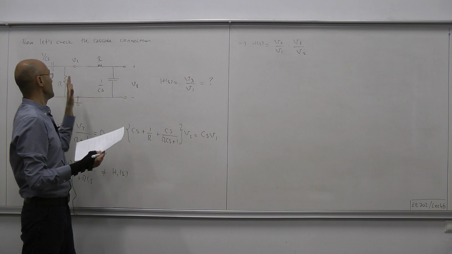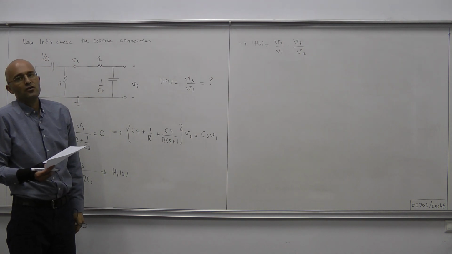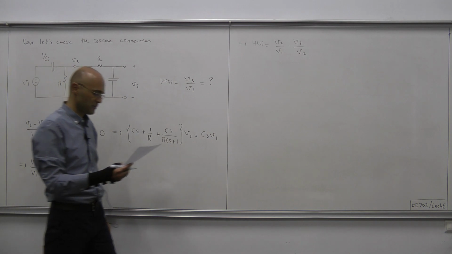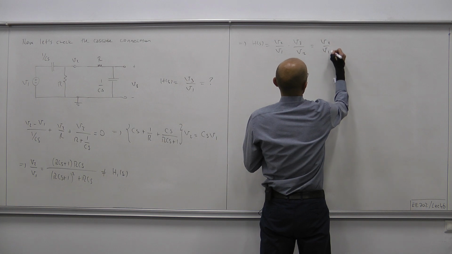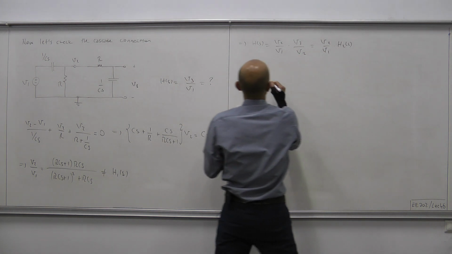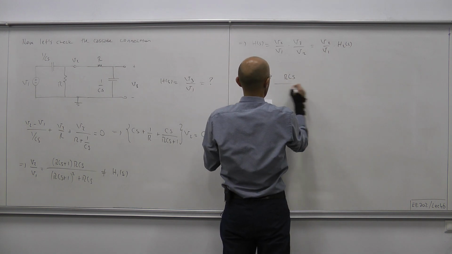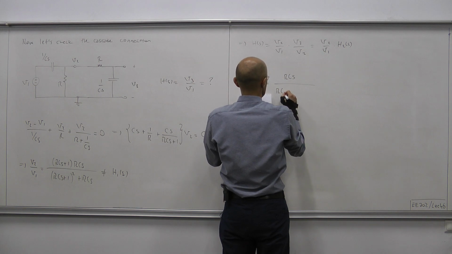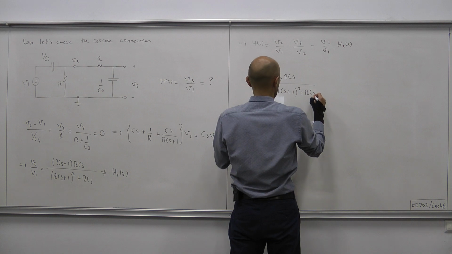Okay, so as far as the V2 V3 relation is concerned, nothing has changed, so we can use the previous transfer function. So that equals V2 over V1 times H2 of S, and that equals RCS over RCS plus 1 square plus RCS.